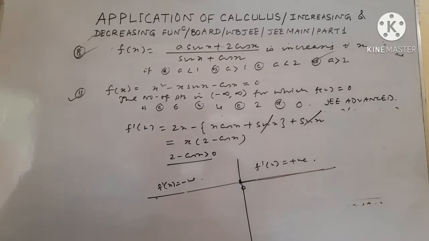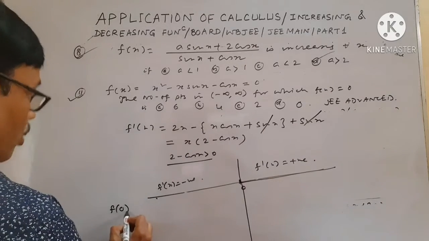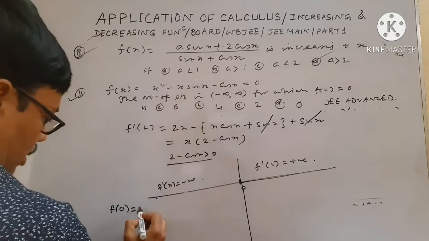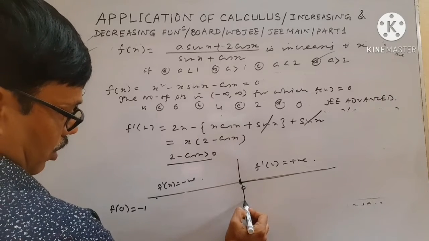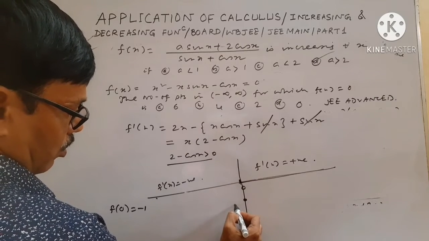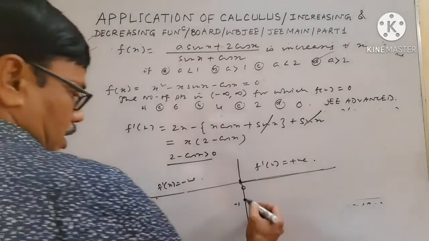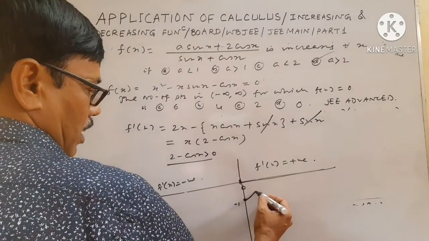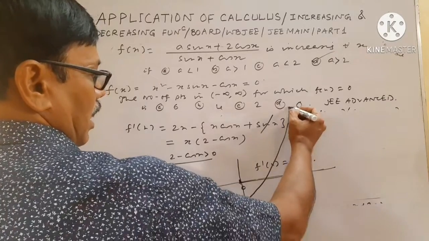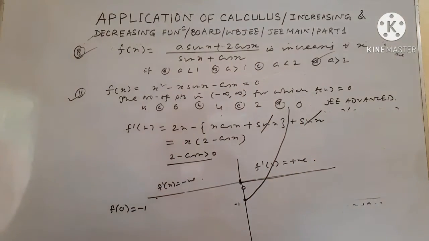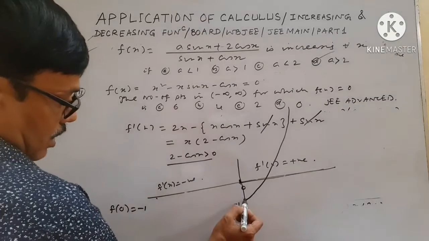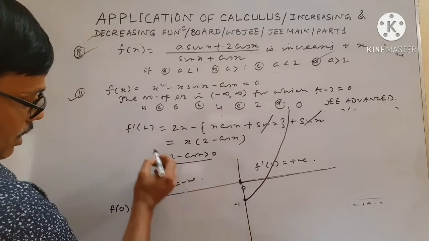Now what is f(0)? f(0) is minus 1. So for x greater than 0 it is increasing, and we get roughly a figure like this, and for x less than 0 it is decreasing.